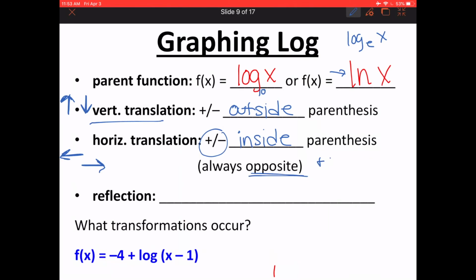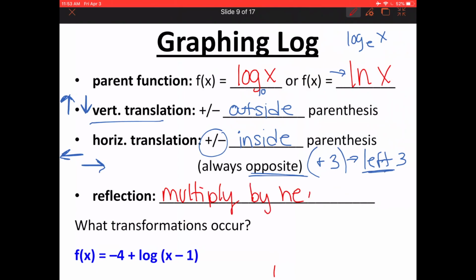So if you see +3 on the inside of those parentheses, you are actually going to the left 3. Okay? So my horizontal translations are always the opposite of what you think they would be. And then a reflection is going to be when you multiply by a negative number.